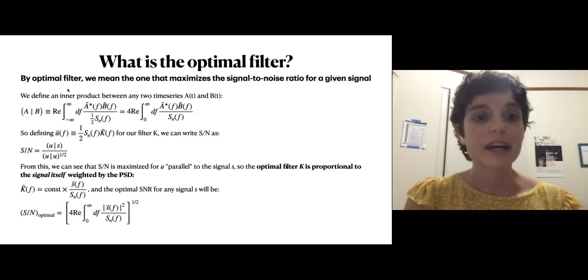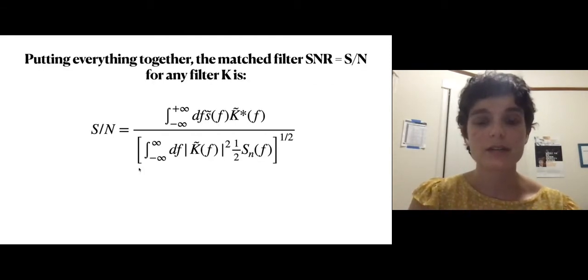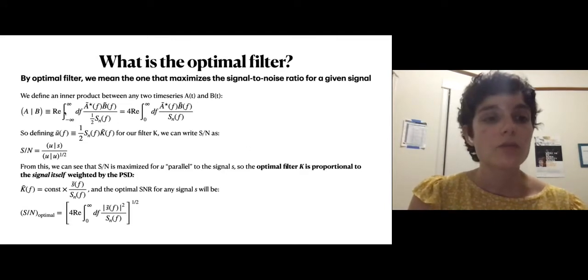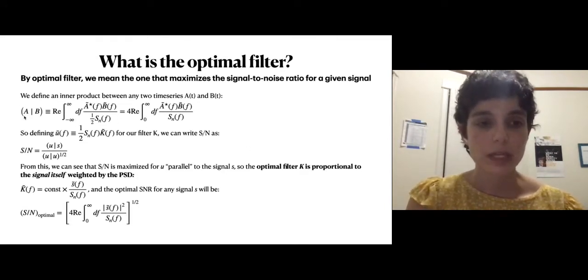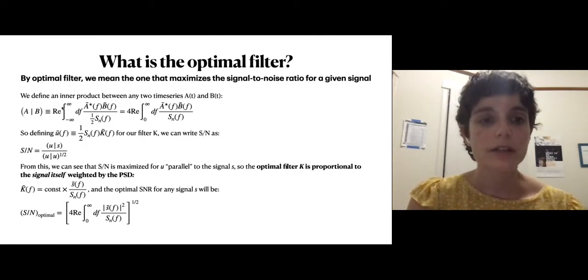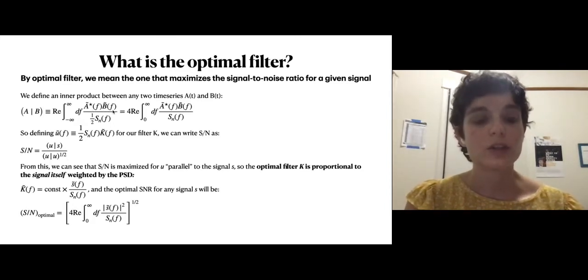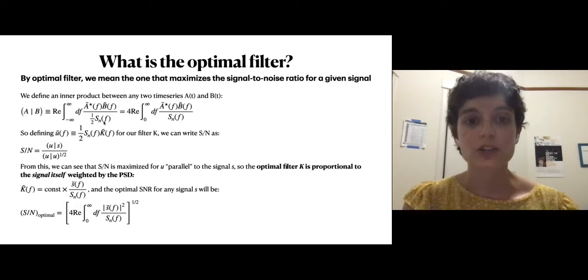So we can define an inner product between any two time series A of t and B of t, and this inner product notation will help us understand this formula. Let's define this inner product between A and B, two time series, as the real part of this integral here: the complex conjugate of A in the frequency domain times B in the frequency domain, divided by 1/2 of the noise power spectral density as a function of f.